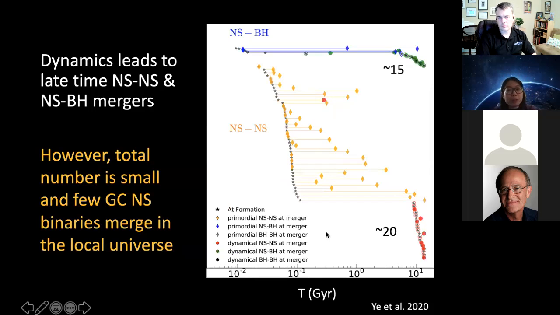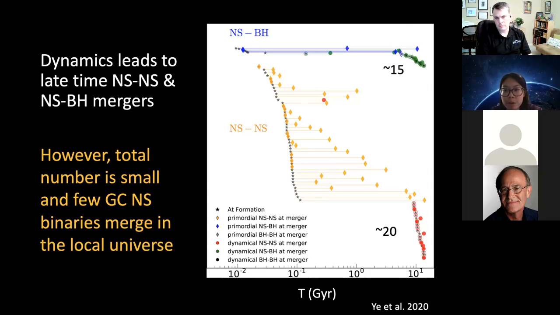So how many neutron star binary mergers are there in these cluster simulations? This plot shows all the neutron star binaries that merge within a Hubble time in 144 simulations. The red circles are binary neutron stars formed from dynamical interactions, and the green circles are neutron star black hole binaries, also formed from dynamical interactions.